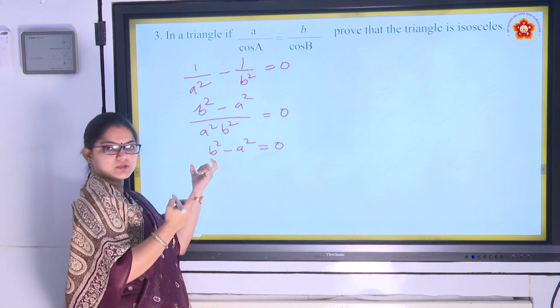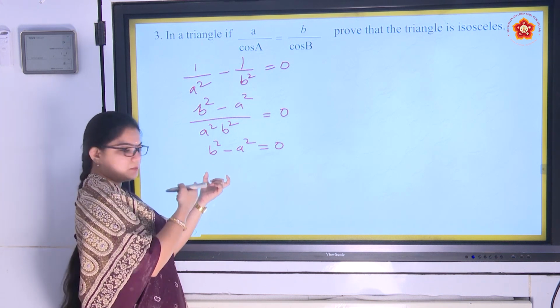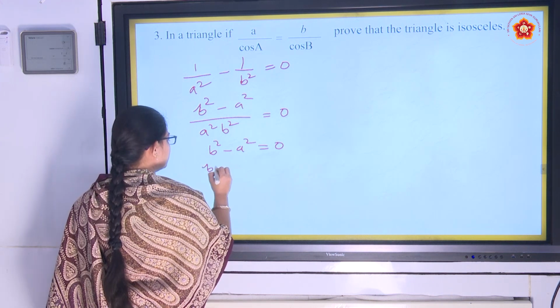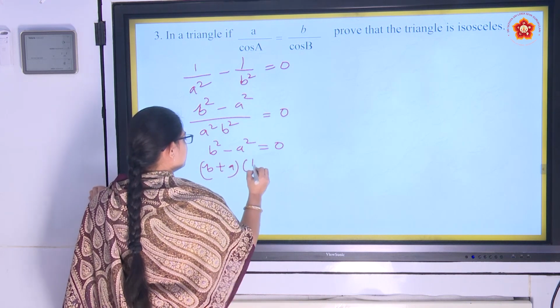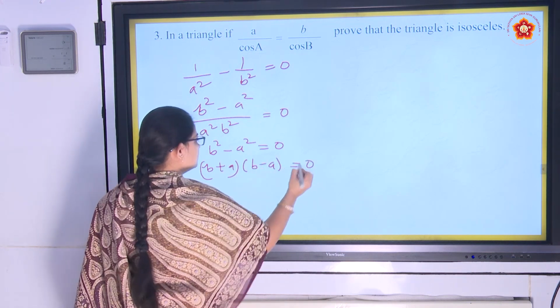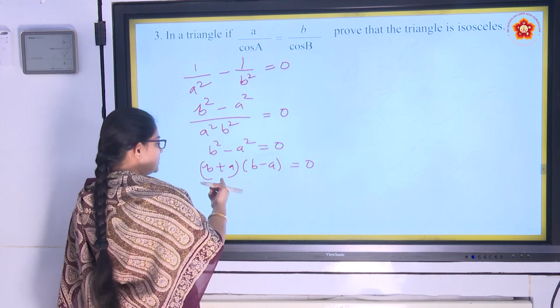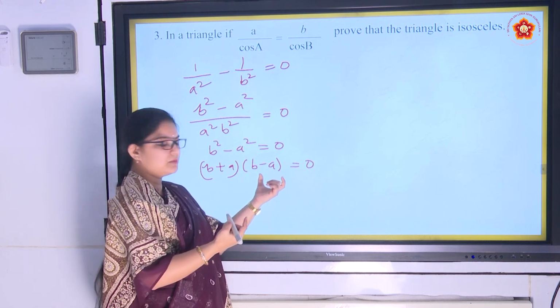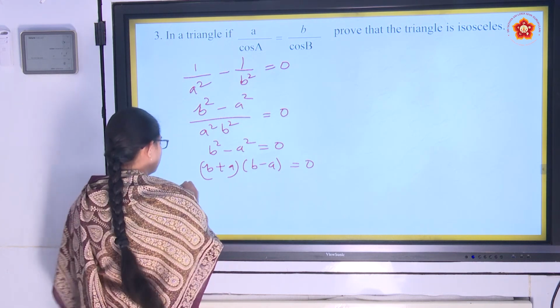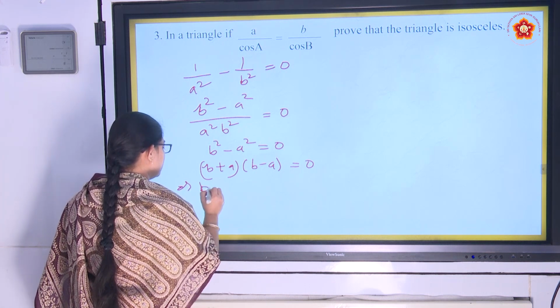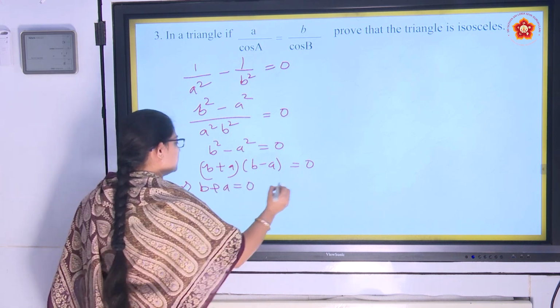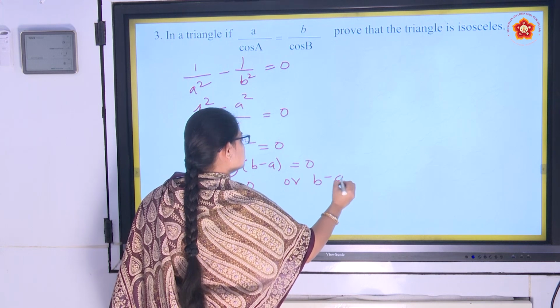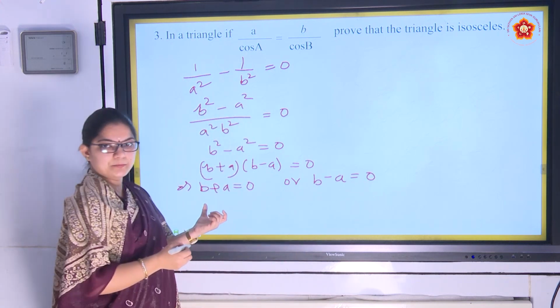We know A square minus B square is A plus B into A minus B. Apply this. So here I can write that as B plus A into B minus A is equal to 0. So either B plus A is equal to 0 or B minus A is equal to 0.